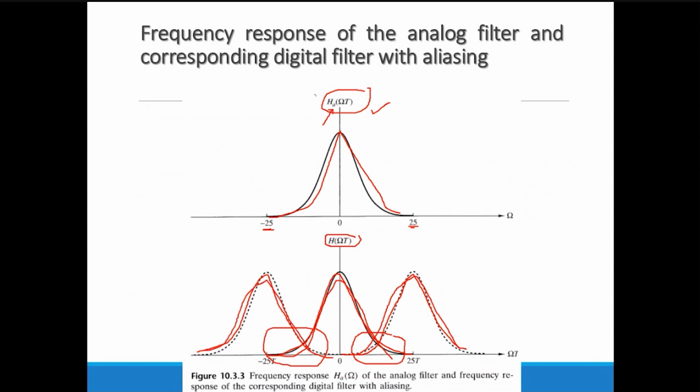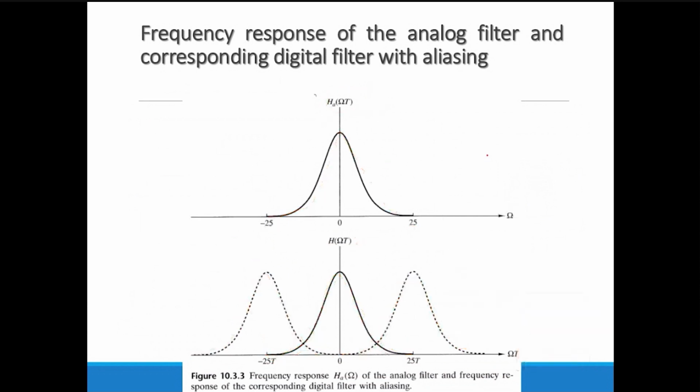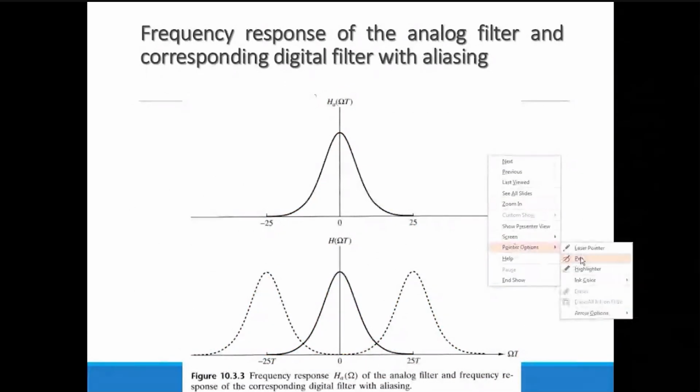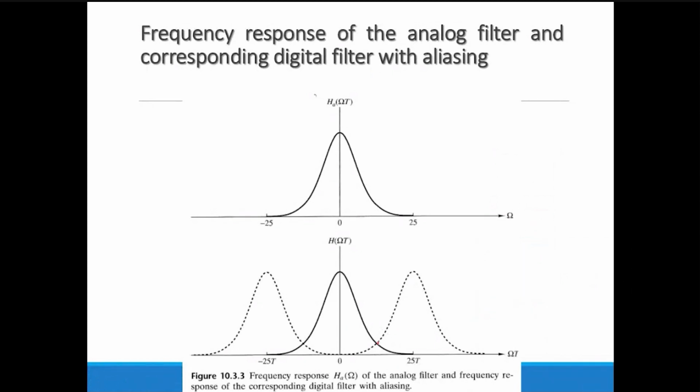So you have to provide some guard band. Just a second, let me erase all the ink. When you are applying the lower value of T over here, chances are you are getting some separation in this region, so you can say you are getting the exact spectrum.